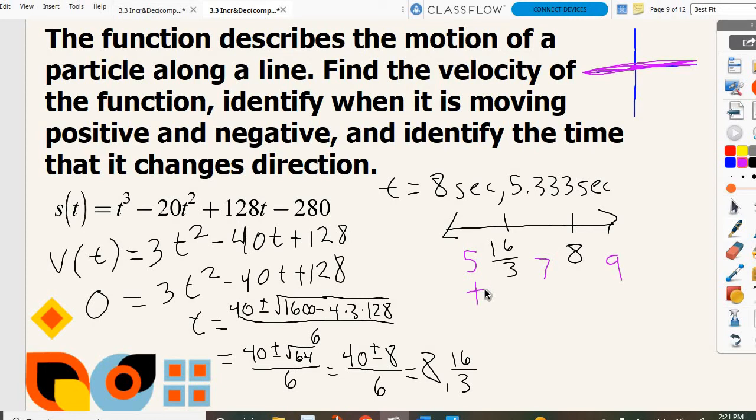Okay? Then, if I plug in a 7, what do I get? Negative. It is negative. And then if I plug in 9, positive.